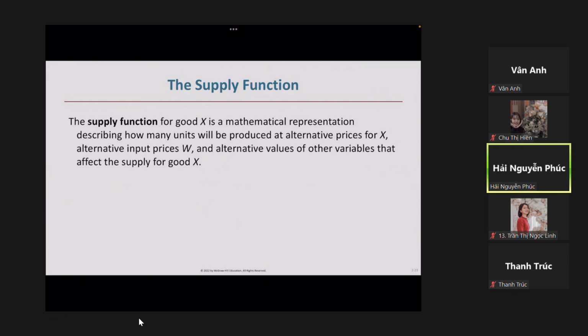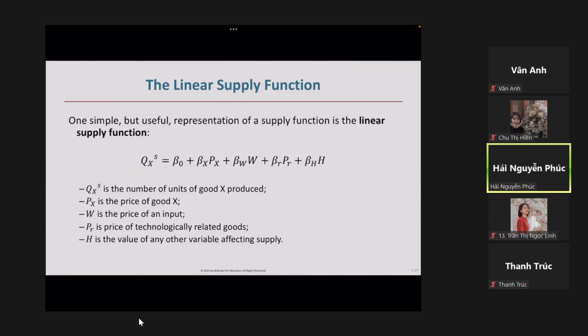Now let's move on to look at the supply function. Similarly, the supply function is the mathematical representation of the quantity supplied at different prices, given other factors like input prices held constant. Here's our example of a linear supply function.